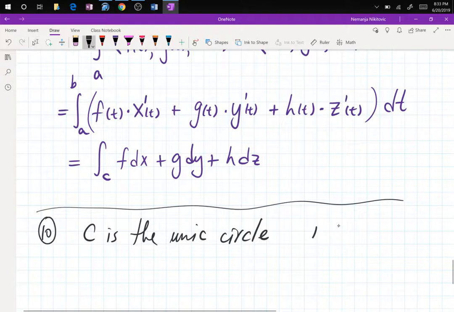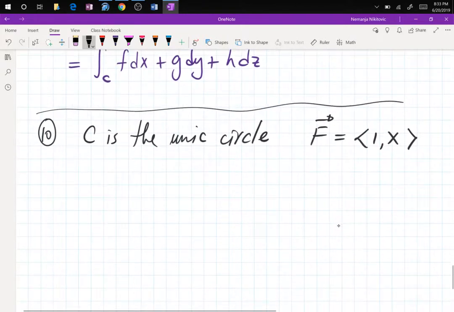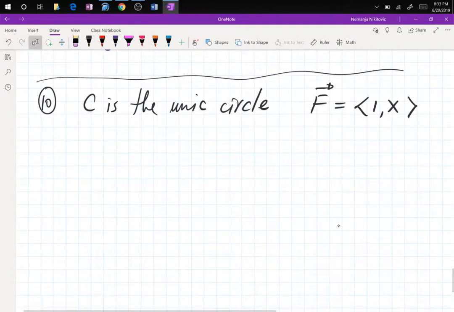And your vector field F is given as 1x. So figure out the line integral. I'll be right back. You have the formula, you just need to plug in. You make sure you parametrize, obviously.